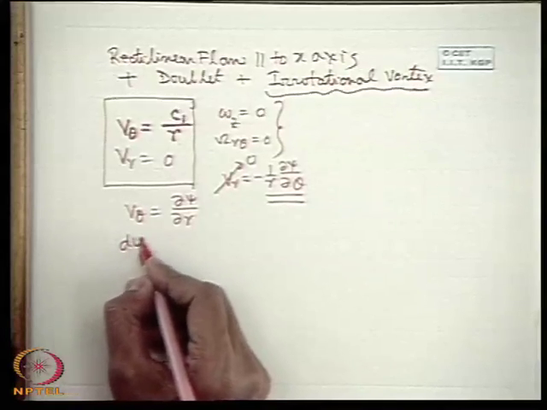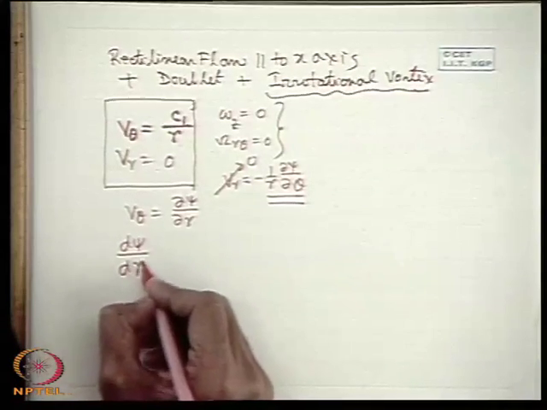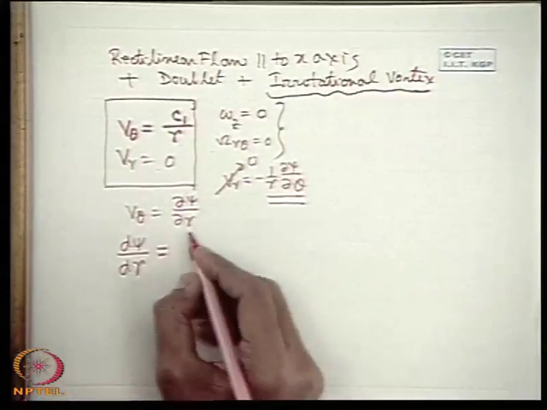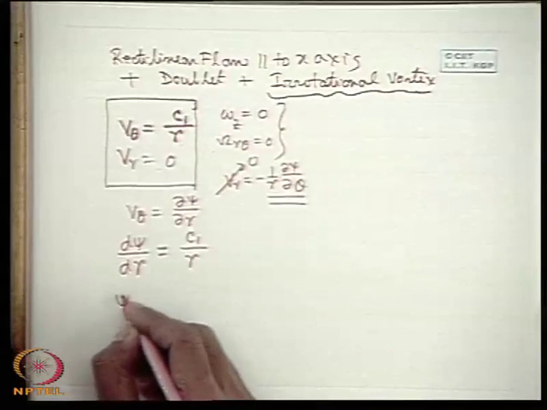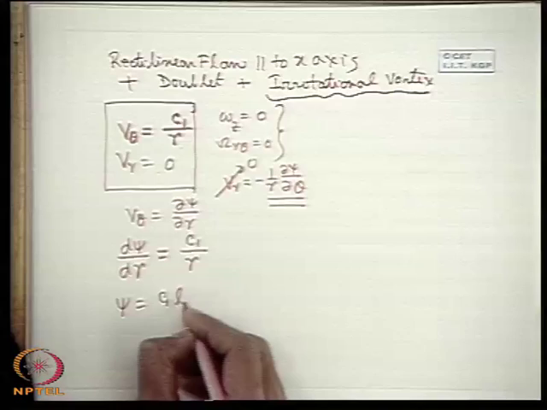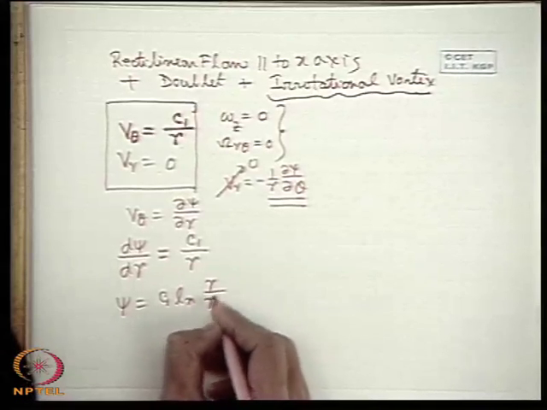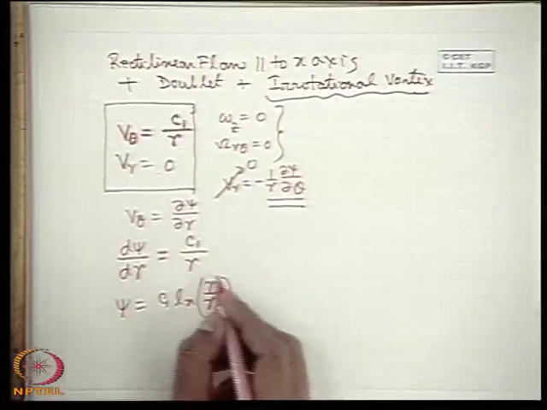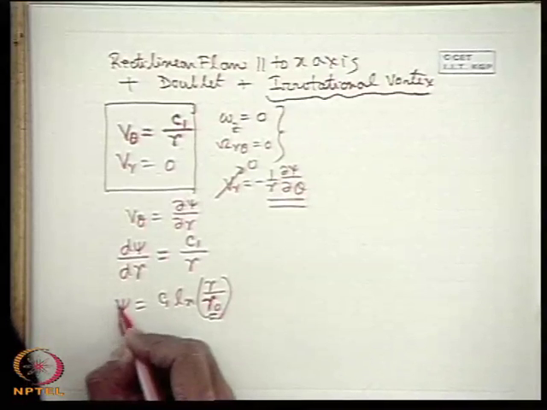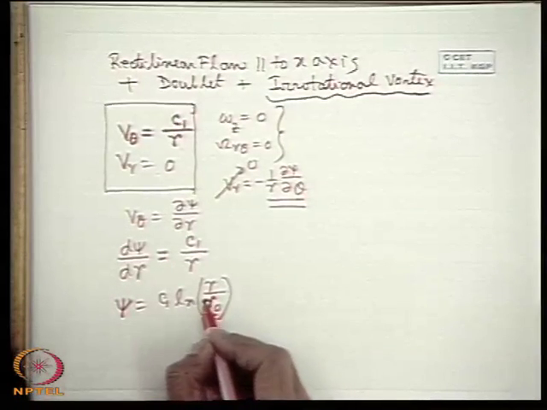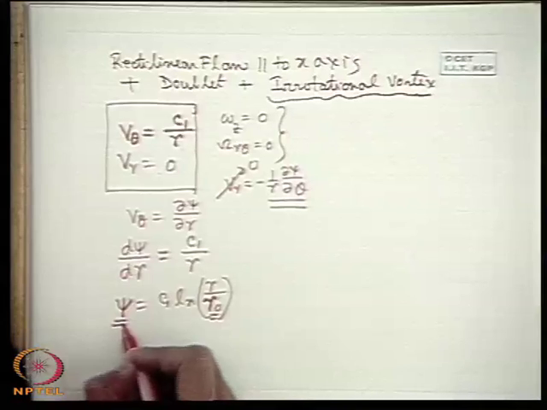That means we can write d psi dr instead of del psi del r, and v theta can be written as some constant by r. So if you integrate it, you get psi is equal to c1 ln r by r0. So r0 is a constant that comes after the integration, which physically signifies that at r equal to r0, psi is equal to 0. That means we define an arbitrary value of psi equal to 0 at r equal to r0.